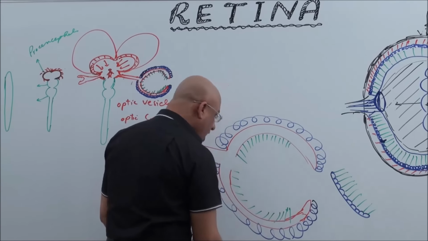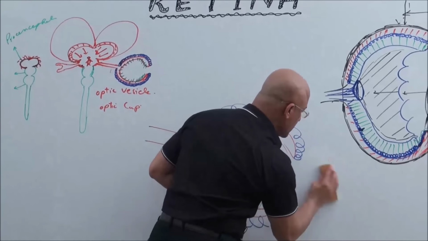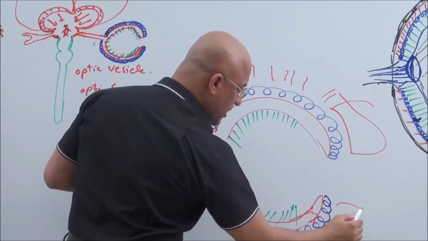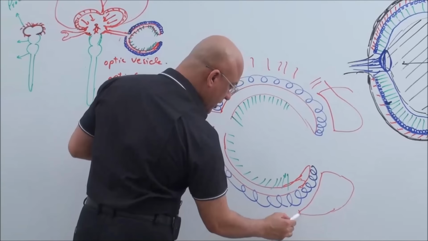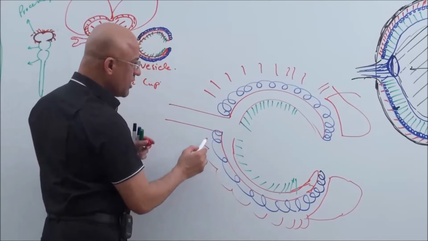But actually, outside it, the structures which are developing around this, here is what? Choroid. And what is here? Ciliary body. And what is here? Ciliary body. And what is developing here? Choroid. And of course, here is development of what?